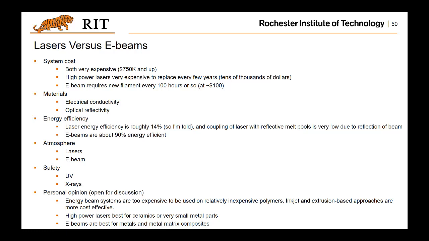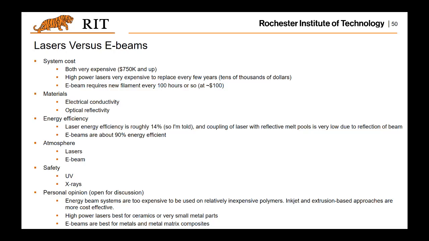For the powder-based one, the high power laser is very expensive, and you have to replace it every few years. And for electron beams, the filament, which is the source to generate the electron beam, also requires replacement, approximately every 100 hours to have a new filament. And each replacement costs 100 also, right?